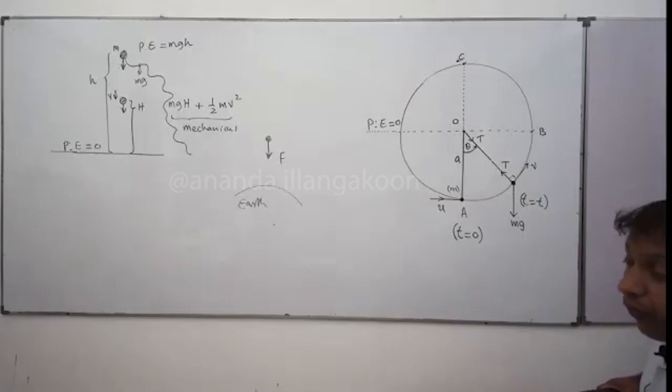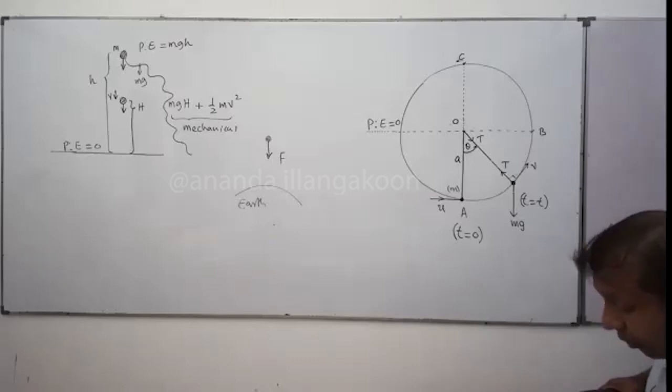Now write down: when the particle rests at the lowest position, it is given an initial horizontal velocity u.